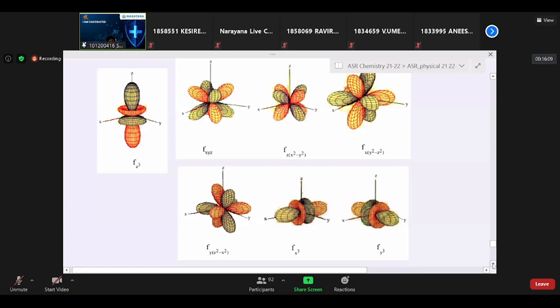These are the orbital shapes of f orbitals particularly.